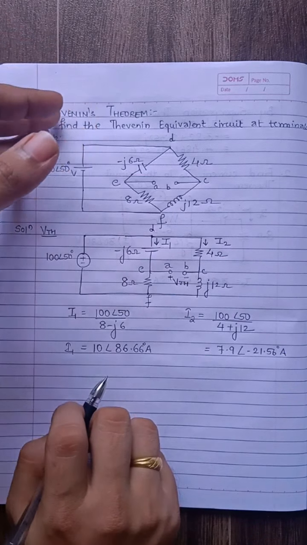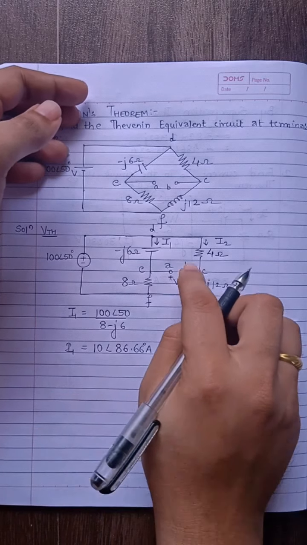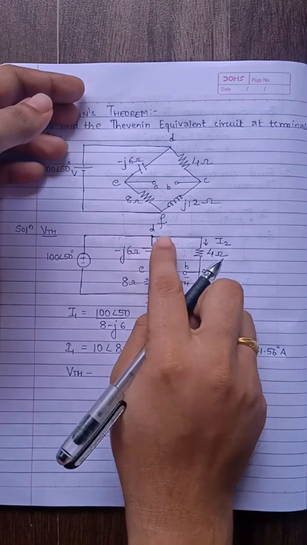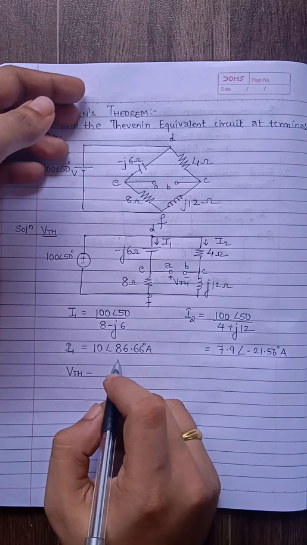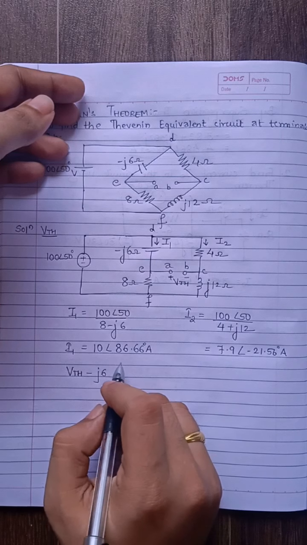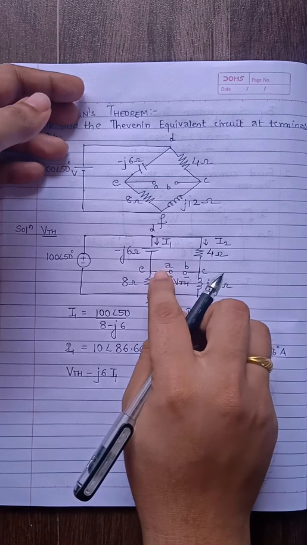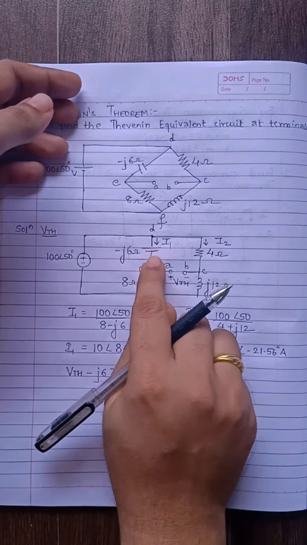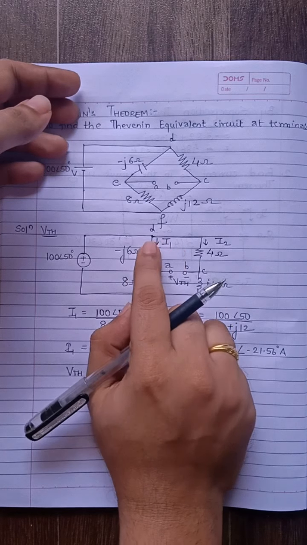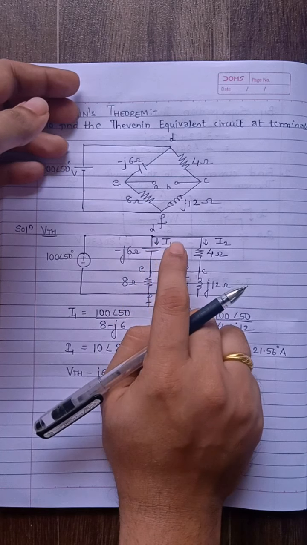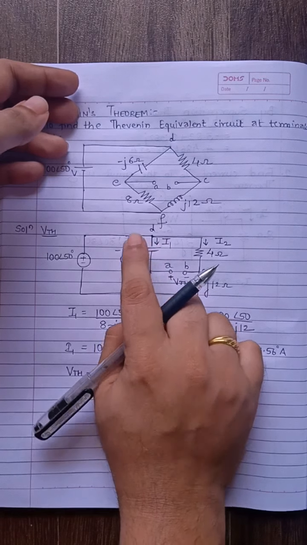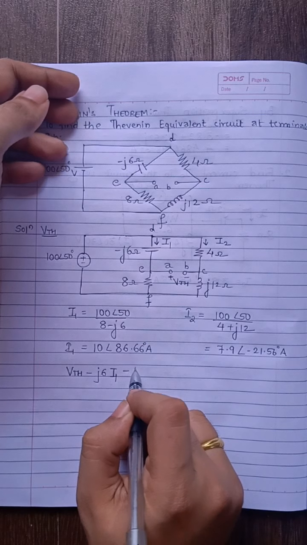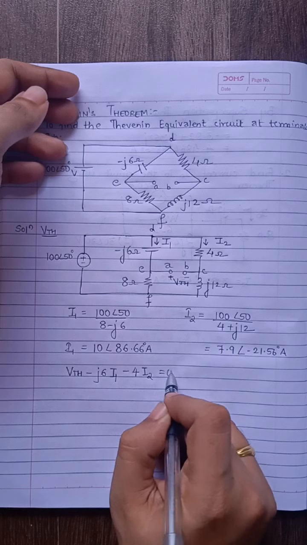Now the equation for VTH, starting from this point, will be VTH minus J6 into I1, because it would have been plus J6 into I1, but since the sign is negative it is coming minus J6, because we are going in the direction opposite to I1. If there would have been a resistance, it would have been plus I1 into the value of resistance, but the value of resistance is negative, hence you are getting a negative sign here. Minus 4 I2 equals 0.